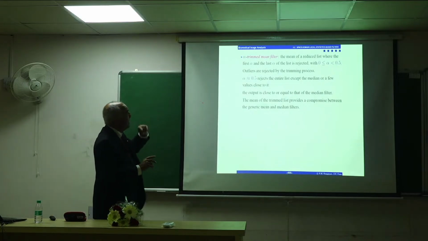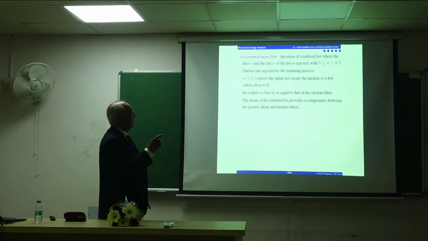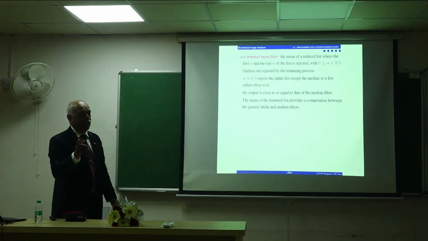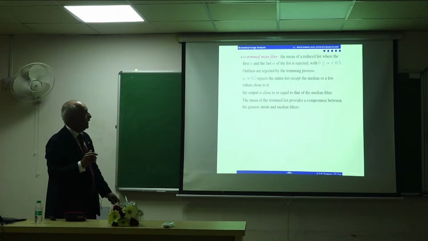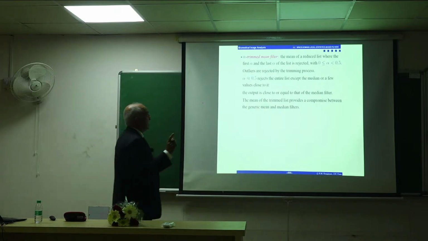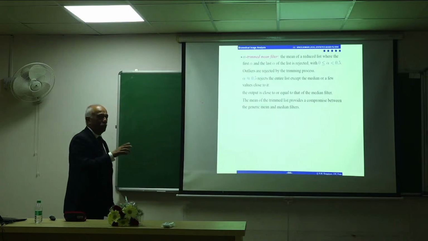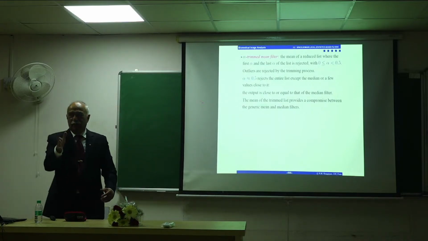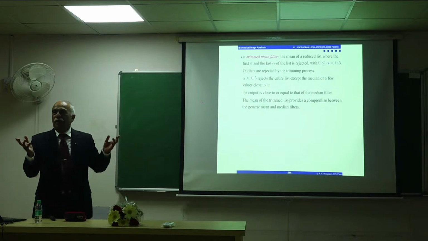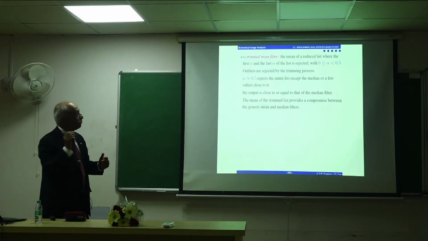So it says you reject the first alpha and the last alpha, alpha being a percentage between 0 and 50%. Outliers are rejected. If alpha is close to 0.5, almost the whole list is rejected except the middle one, which is the median. So you tend towards the median.